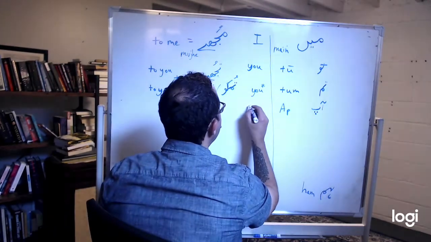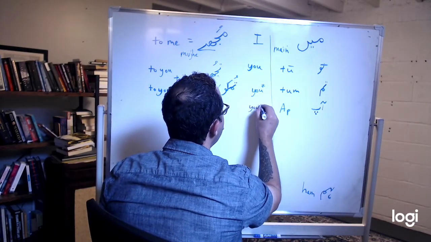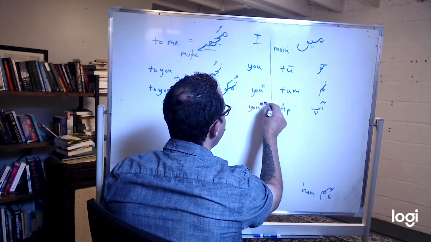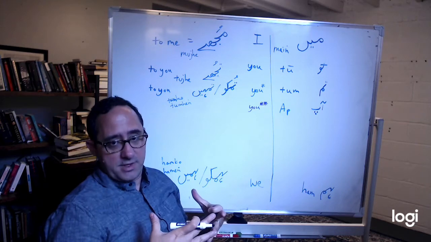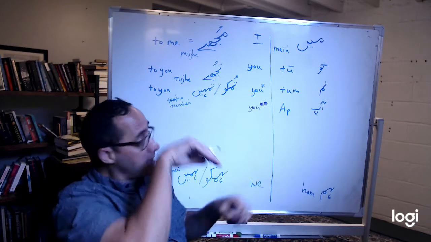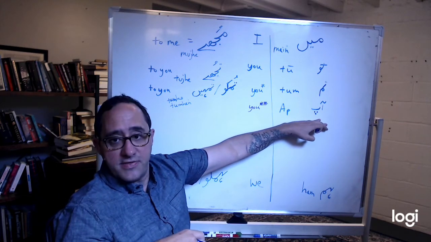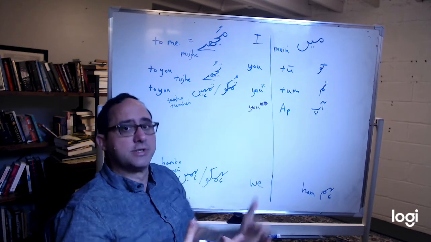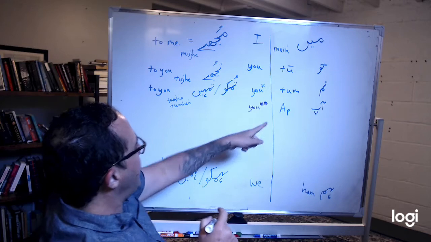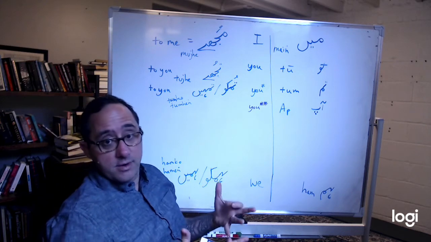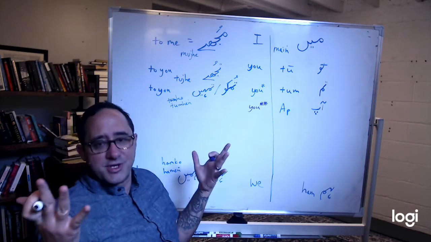This means you, and I'm going to put two stars by it. For each of these, the verb conjugates differently, so I could even not use the pronoun and I'd still know you were using it by the verb. Aap is very formal. This is the most formal you can get.